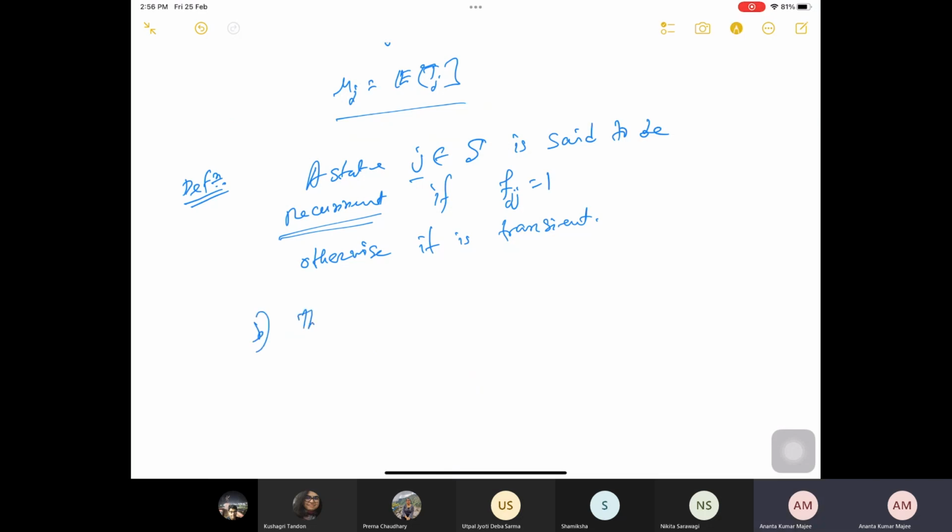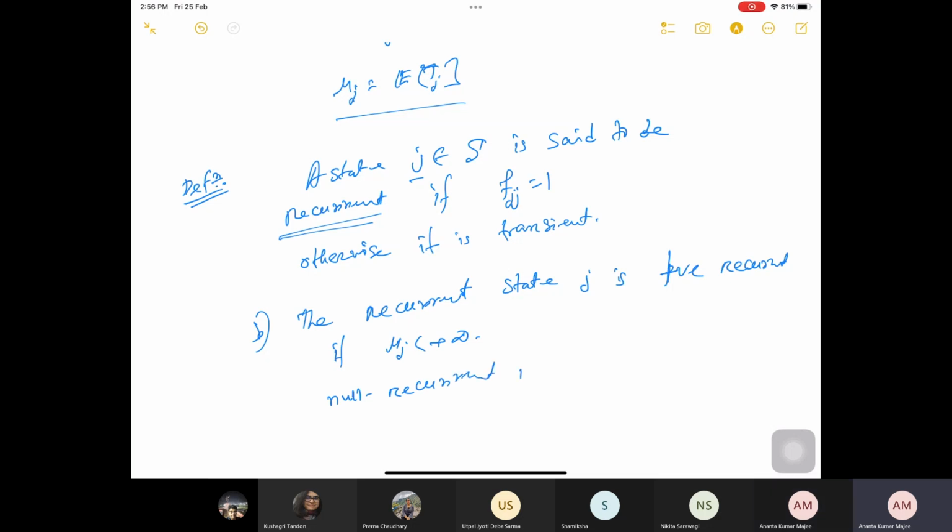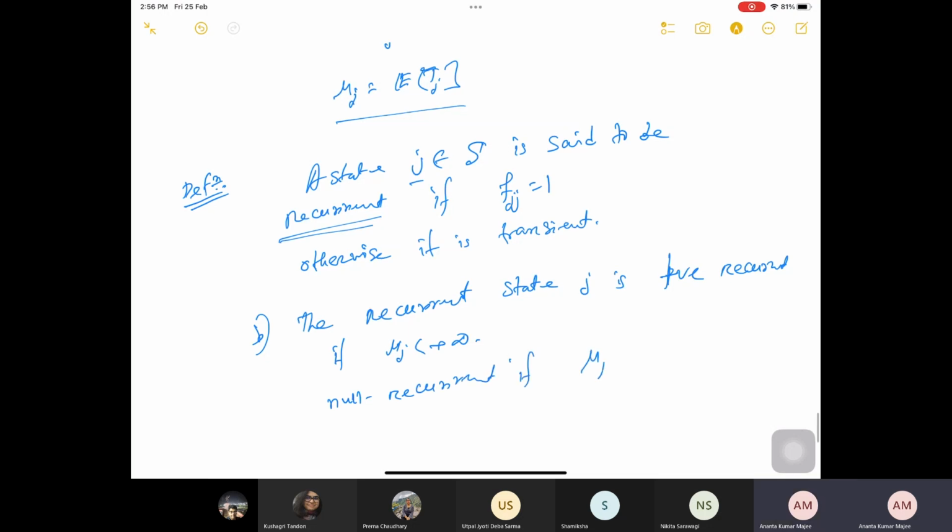What it says is that the recurrent state j is positive recurrent if mu_j is finite, and it is called null recurrent if mu_j is infinity.